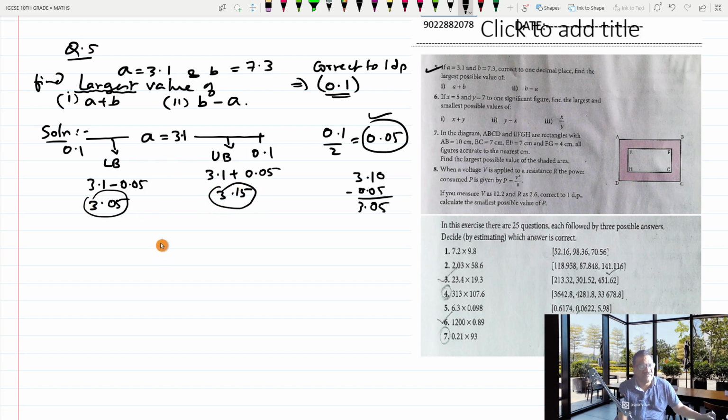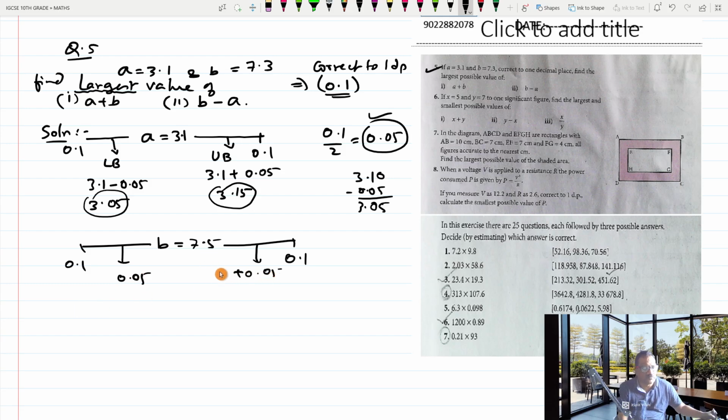Same way for B, which is equal to 7.3, again you'll have to find the upper bound and the lower bound. Up to one decimal place, you'll take your 0.1 and take the midpoint of this, that is 0.05. Now all you have to do is add this to get your upper bound, and subtract it from 7.50 to get the lower bound.